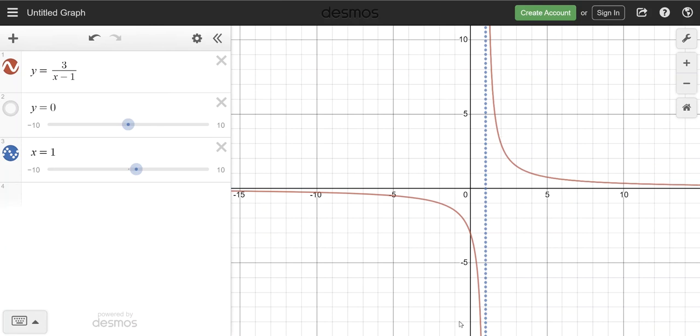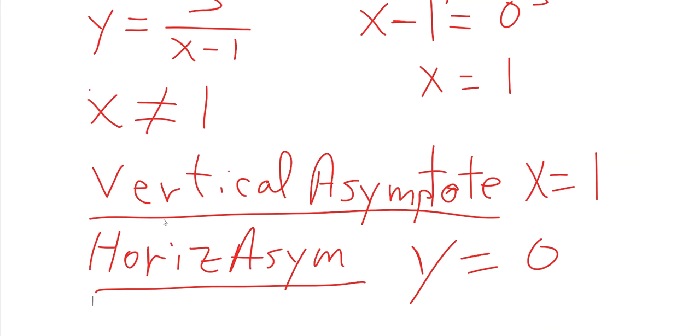If you go to the left, you're approaching zero coming up from below the horizontal asymptote. Okay, I hope that makes it clear what we're dealing with. Back to this again. Notice that the vertical asymptote is x equal 1. The horizontal asymptote is y equals 0.